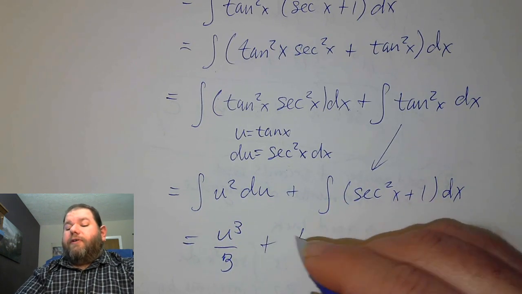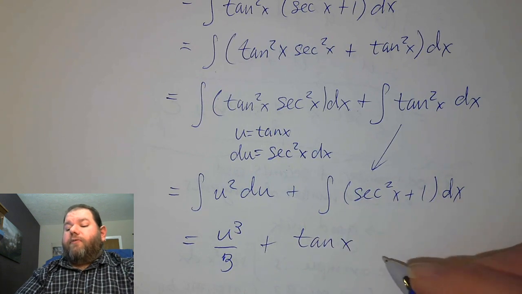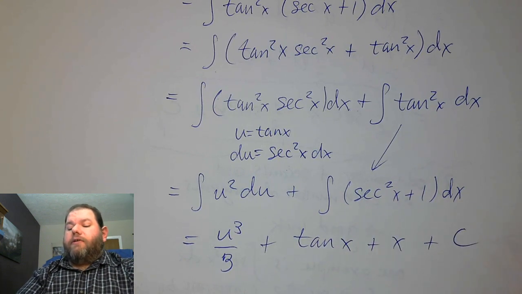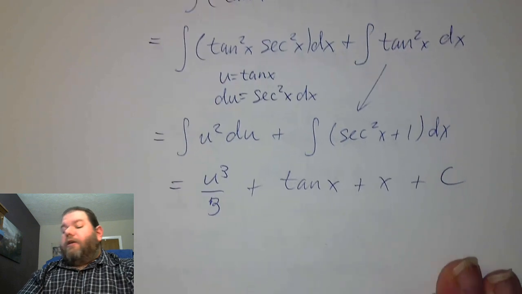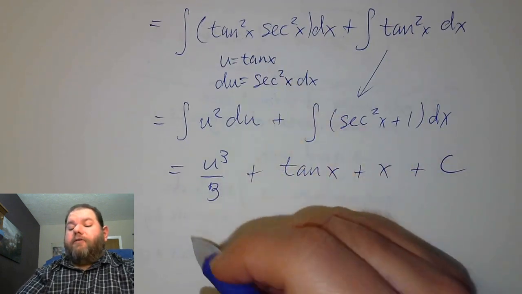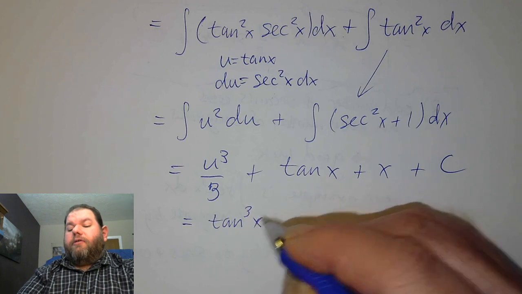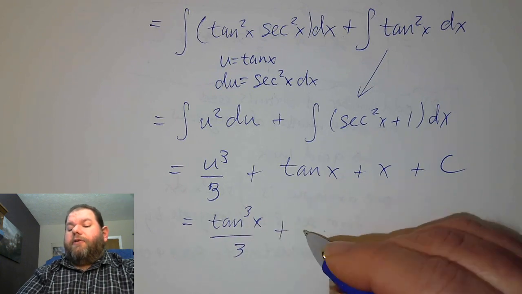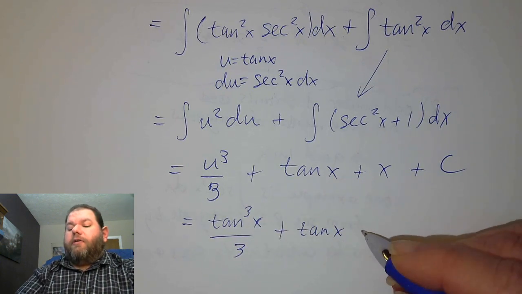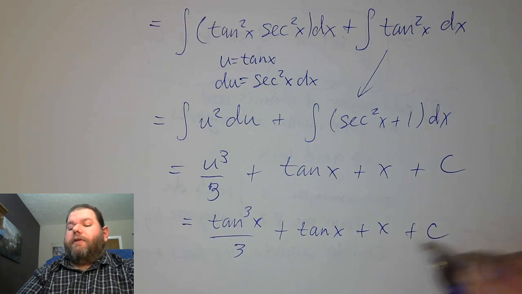Integral of secant squared is tangent x, and the integral of 1 is x. Yeah. And our last step is just change this back. This will be tangent cubed over 3 plus tangent x plus x plus c.